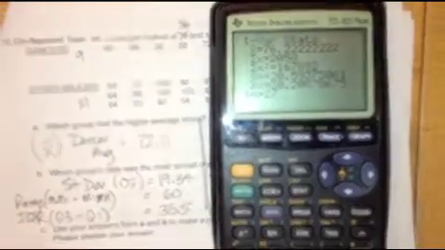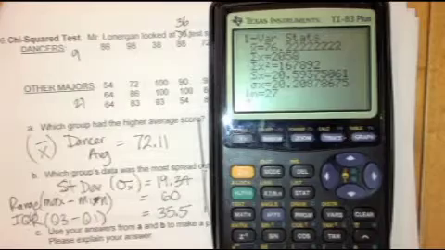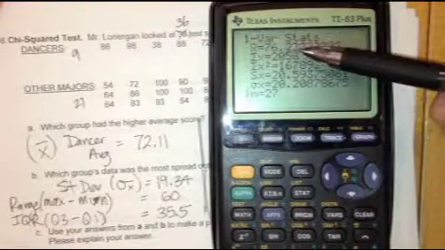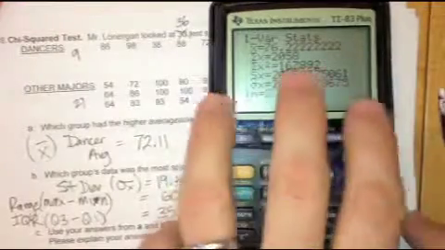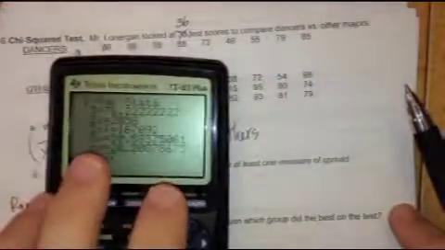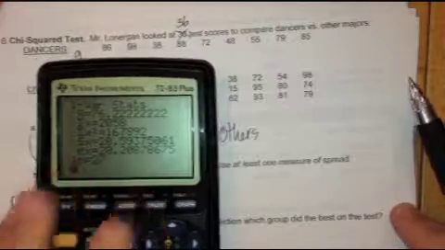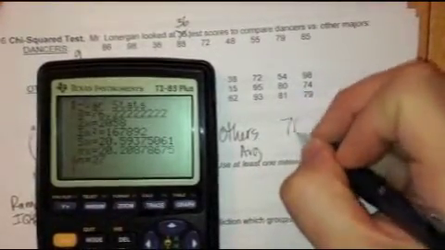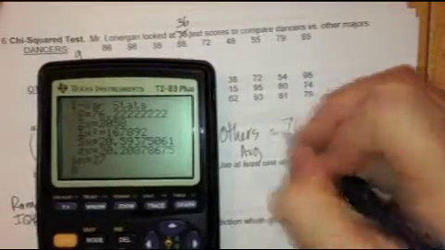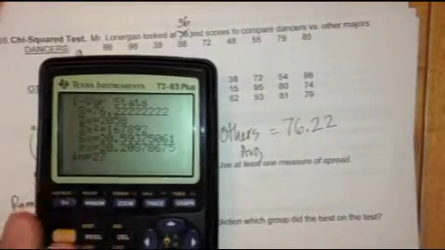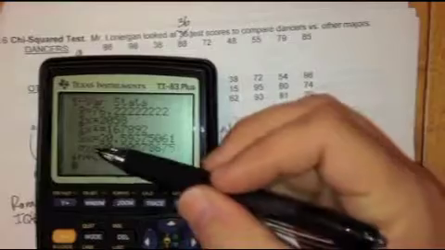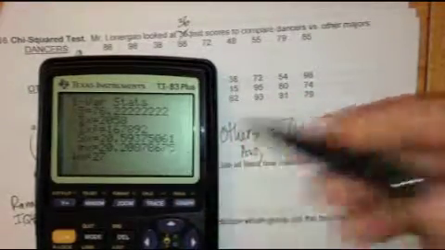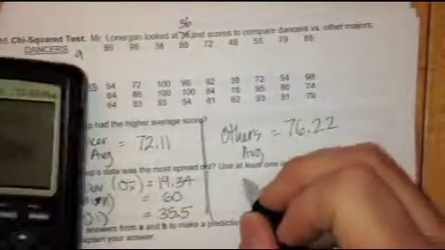Once I've got that, we can focus in on the results there. An average now of 76.22. I'm going to move my calculator over so you can see that while I write the information down. The others average was 76.22. What about the other information? Well, the standard deviation is down here. Sigma x is 20.21.